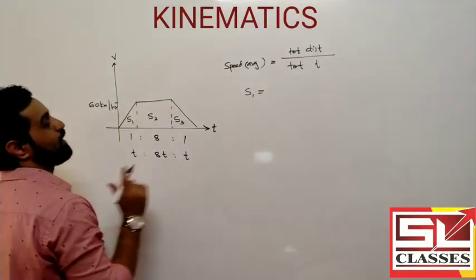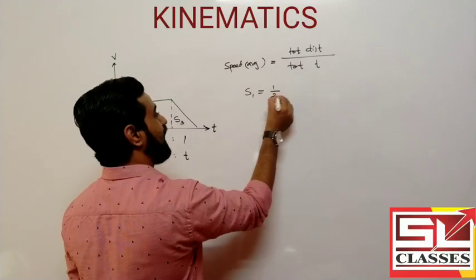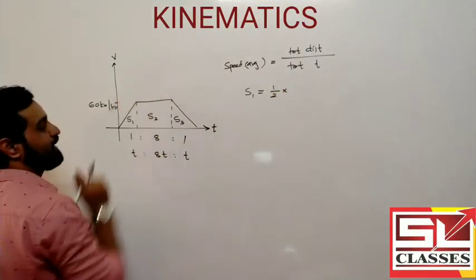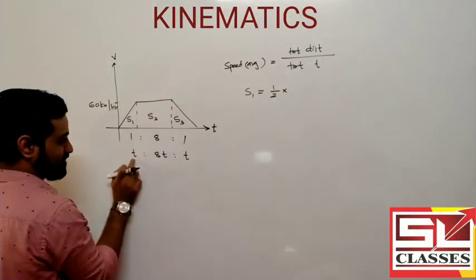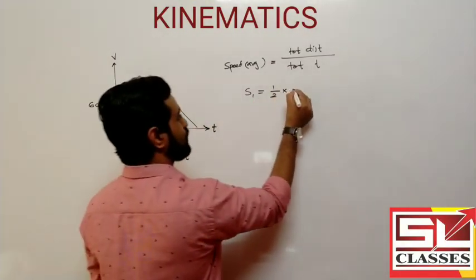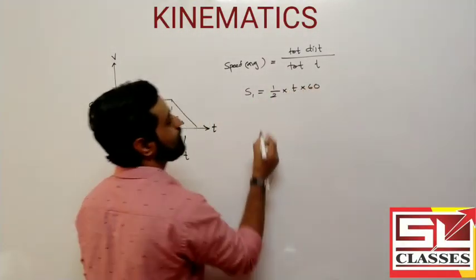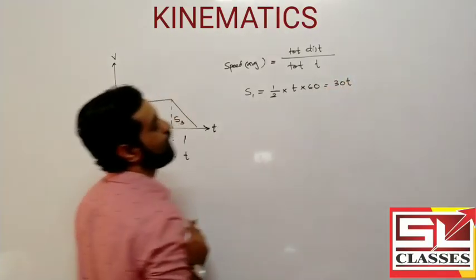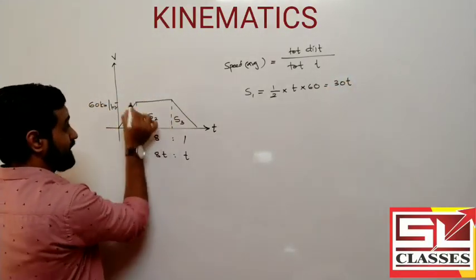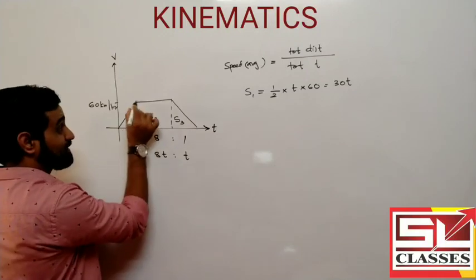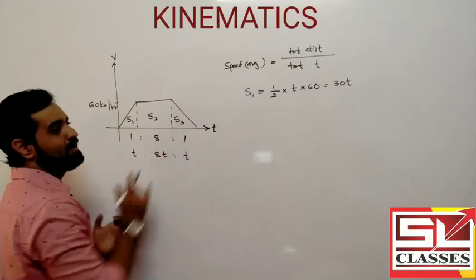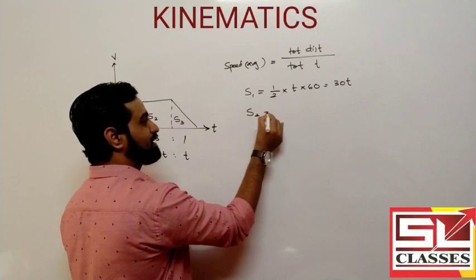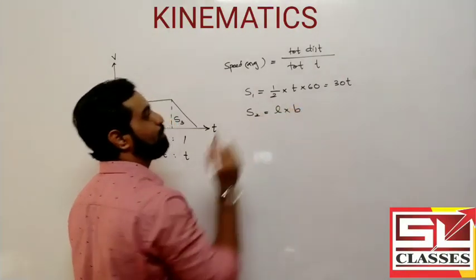This is a triangular portion, so the area is half into base into height. Base is t and height is 60. So half into t into 60 gives 30t. What about the second distance S2? This is a rectangular portion, so the area is length into breadth.